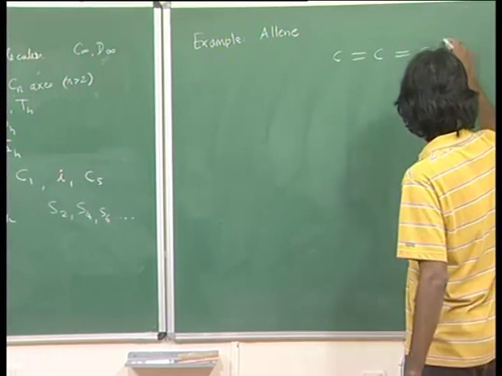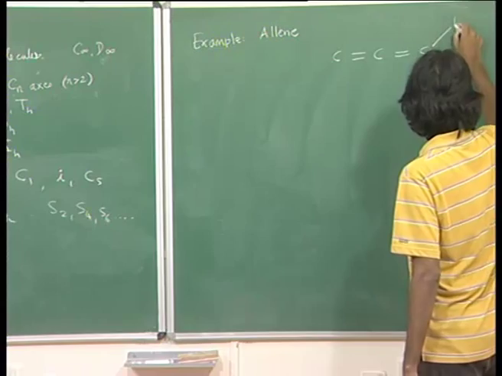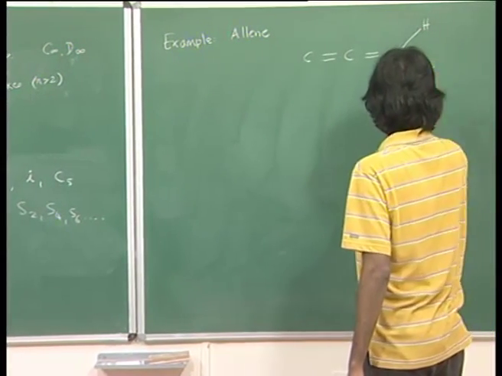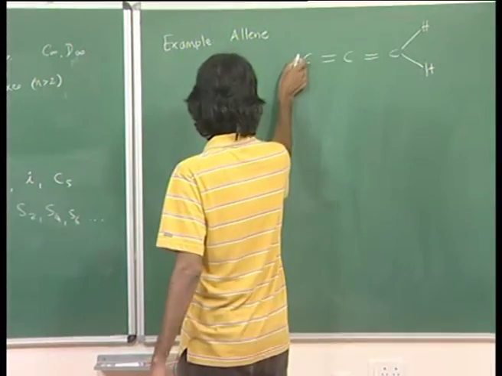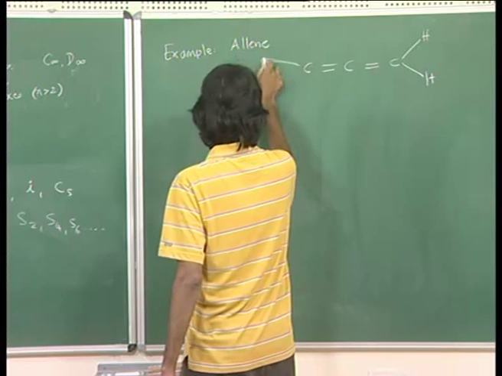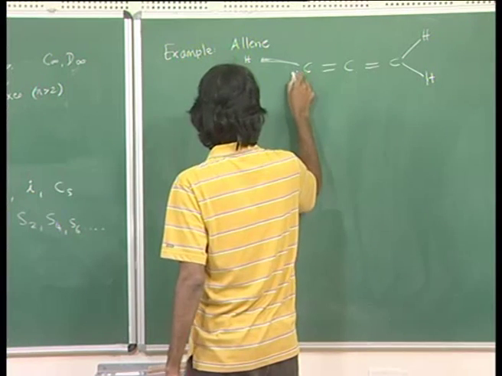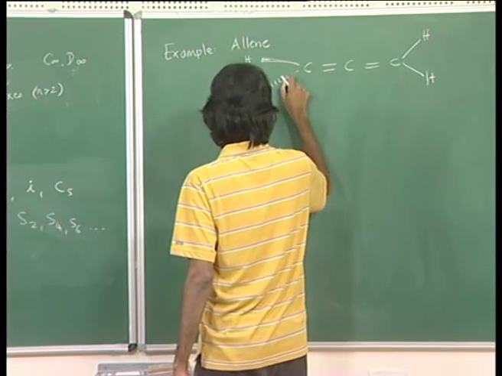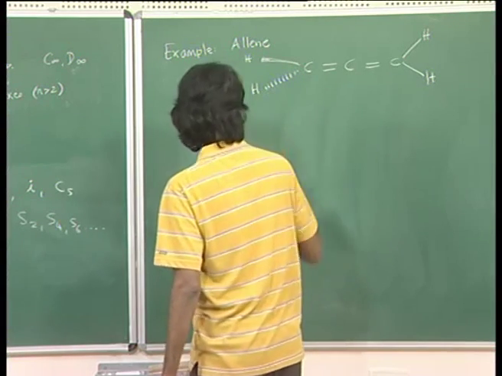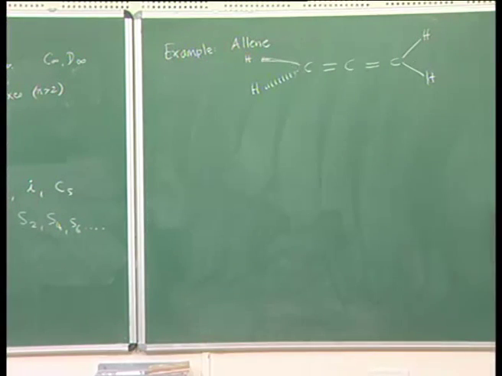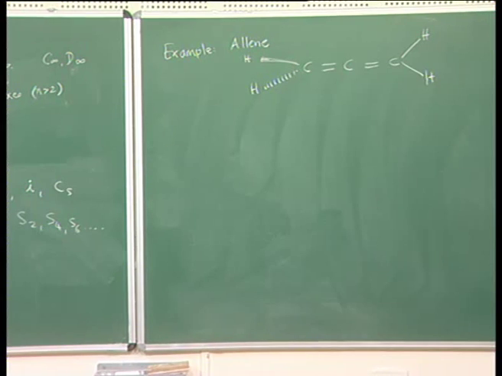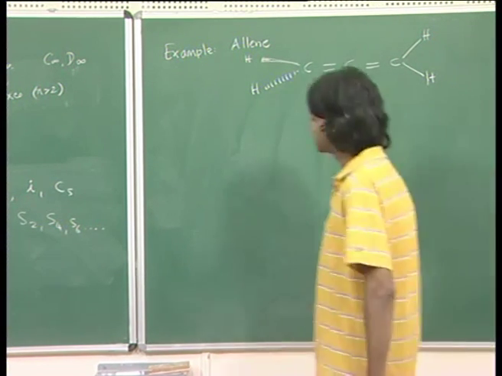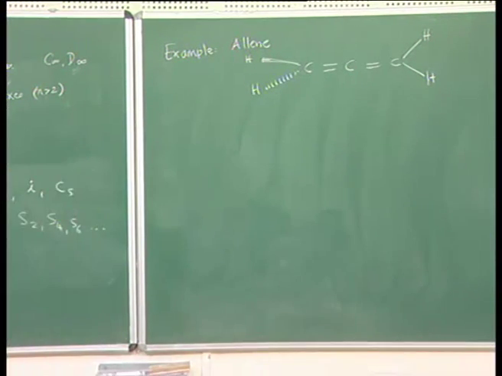If these 2 are in the plane of the paper, then these 2 will be perpendicular to the plane of the paper, so there will be one going in and one coming out. That is what the Allene molecule will look like. So let us list all the symmetry operations of this molecule.